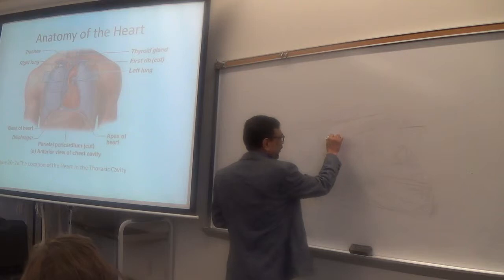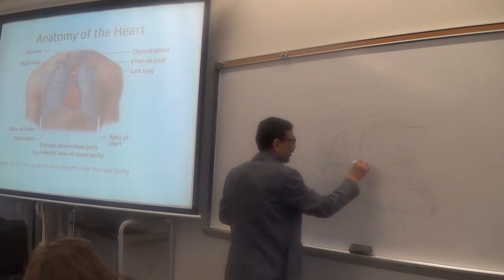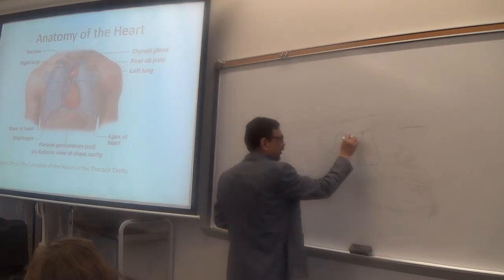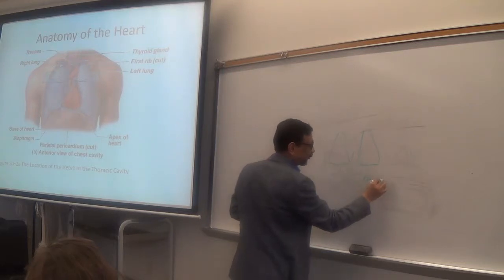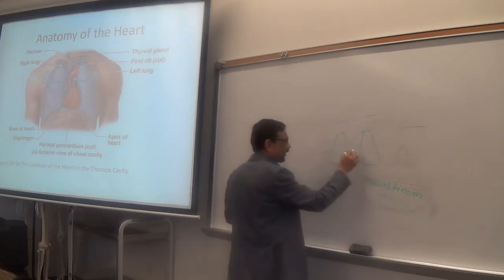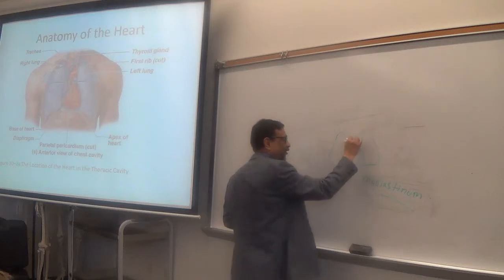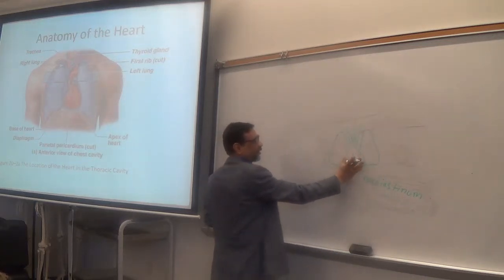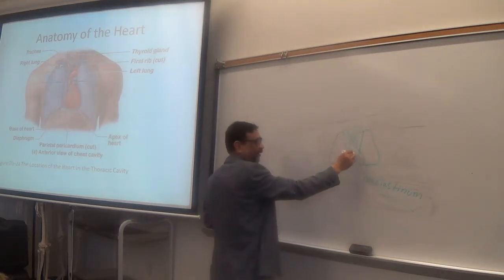So this is your one lung, this is your another lung, and this space between 2 lungs is called mediastinum. And your heart is located here. And large blood vessels are also located in the mediastinum. So your heart and large blood vessels are located in the mediastinum between 2 lungs. Okay.